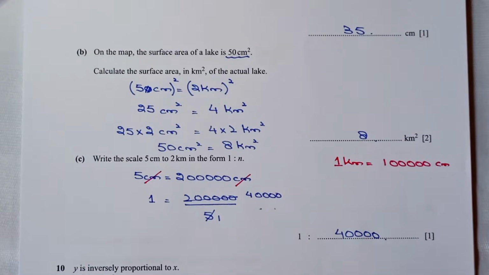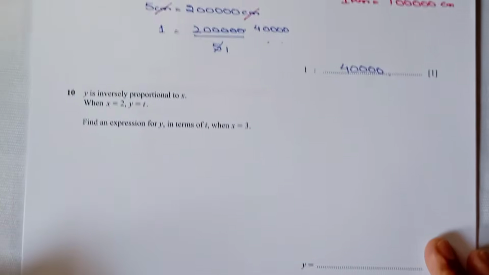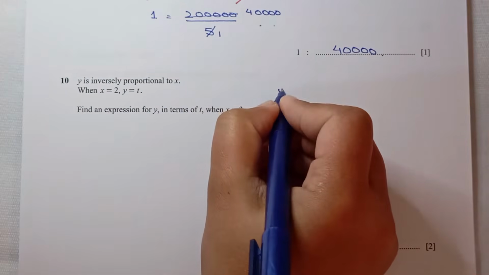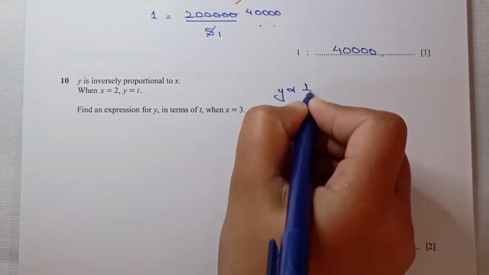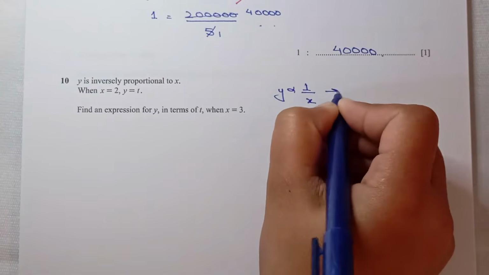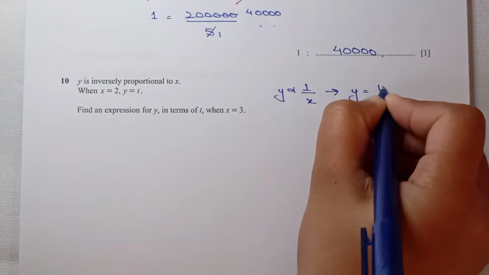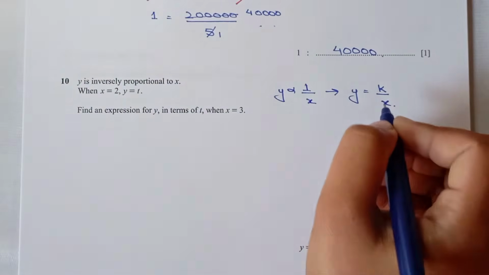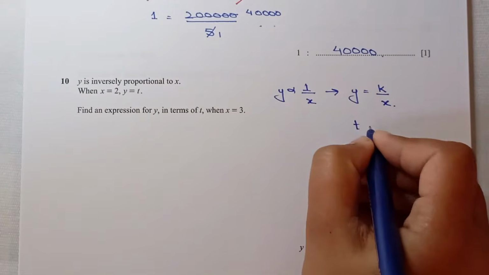40,000, sorry. Now for question number 10, y is inversely proportional to x. So from here y is equal to k over x. When x is 2, y is t.